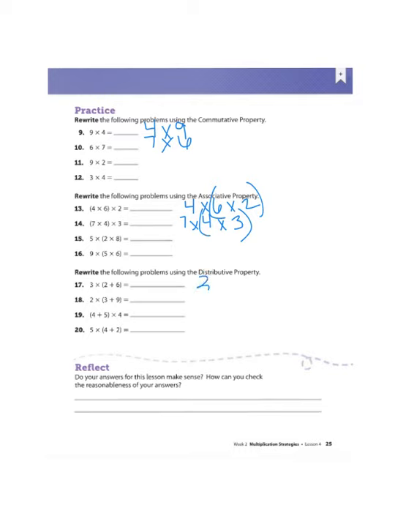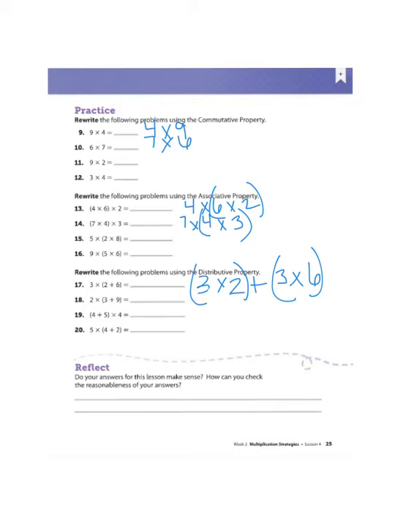So I'm going to do 3 times 2, and then that plus sign is going to be moved. And then I'm going to have 3 times 6, and then I'm going to add parentheses on both sides. Let me see if I can fix that. That should be 3 times 2 plus 3 times 6.